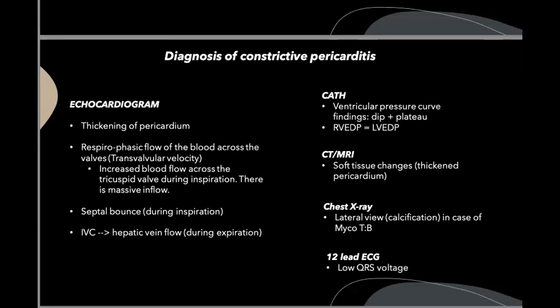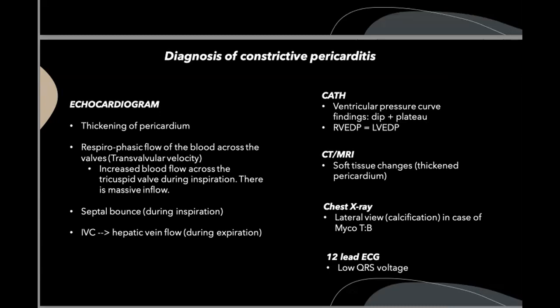and this can be seen on echocardiogram. Unfortunately, I could not attach any videos here, but if you search for it on YouTube, they probably have very good videos where they show the echocardiogram and this reciprocal phasic flow and how it might look.